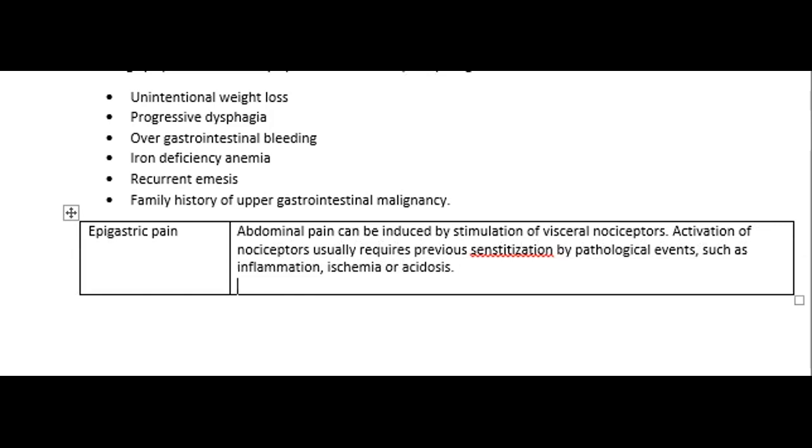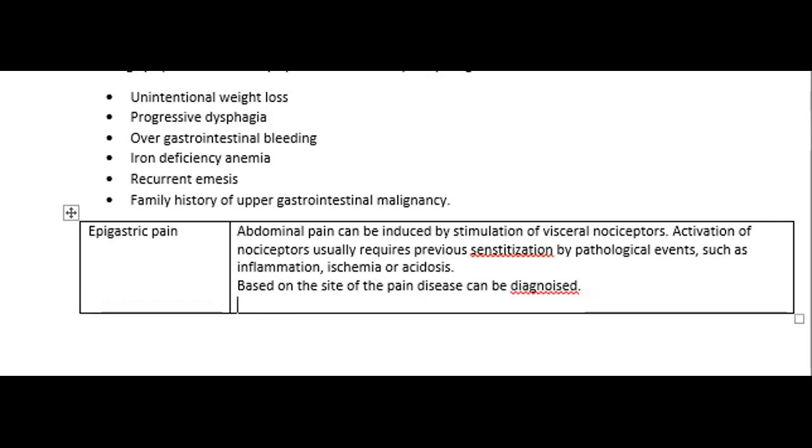And based on the site of the pain, the disease can be diagnosed. We said that this is an epigastric pain. In the epigastric region, we have the spleen, and if the patient is suffering with epigastric pain, then the patient may be suspected of having gastritis or splenic disorders.